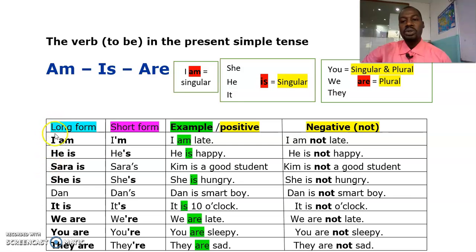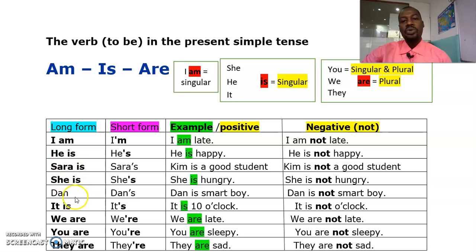So now you can see these forms, which are considered the long form. So we can say I am, he is, she is, Sarah is, Dan is, it is, we are, you are, they are. So these are the long forms.